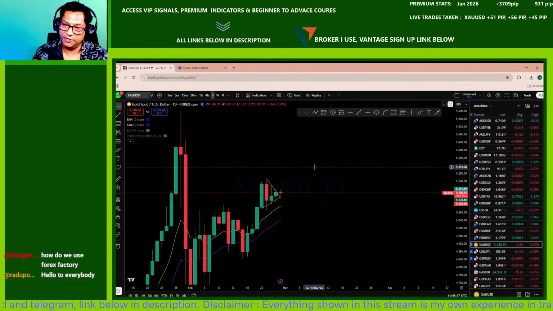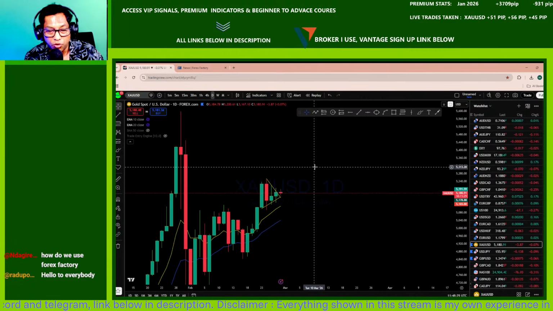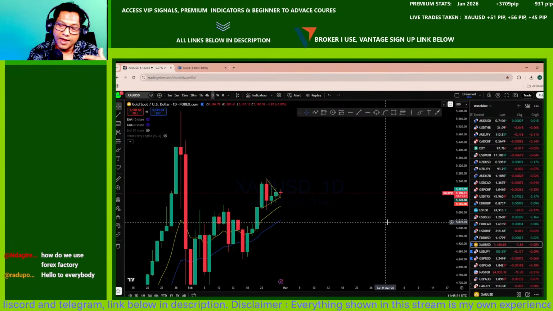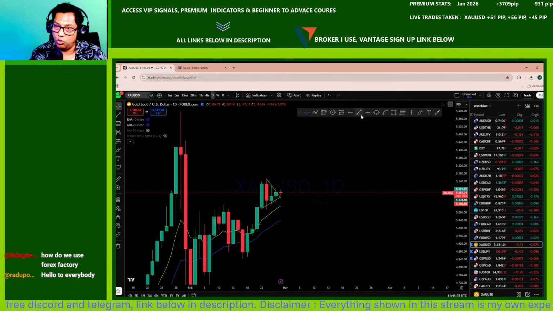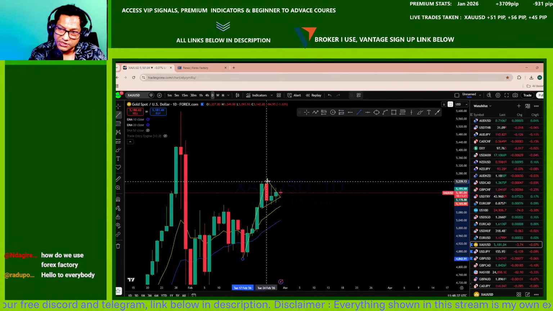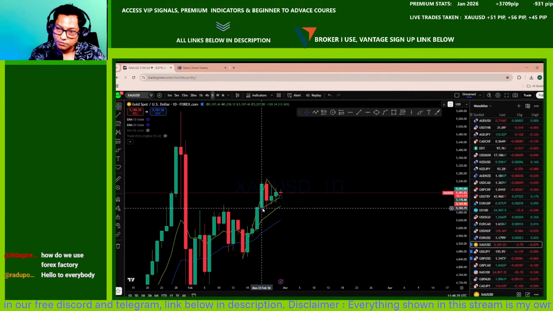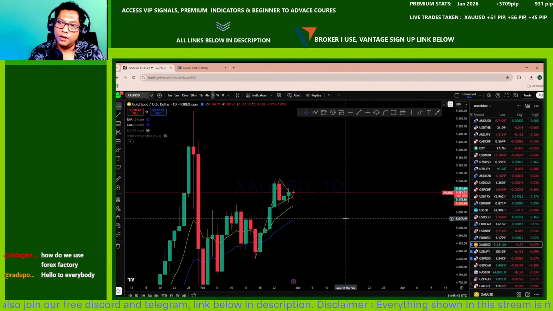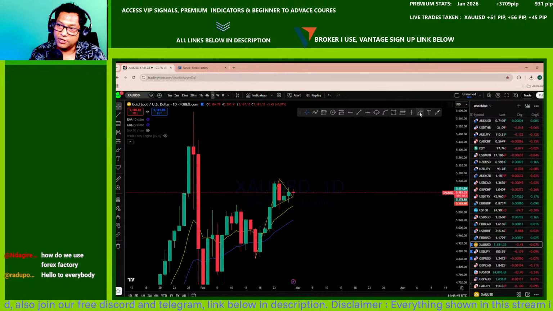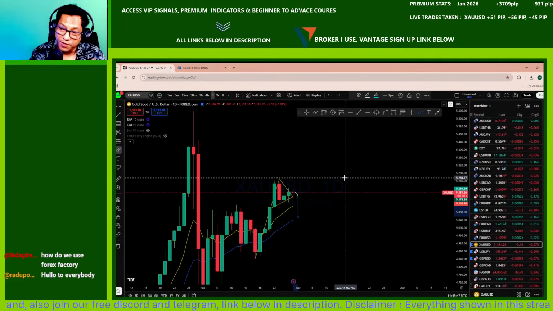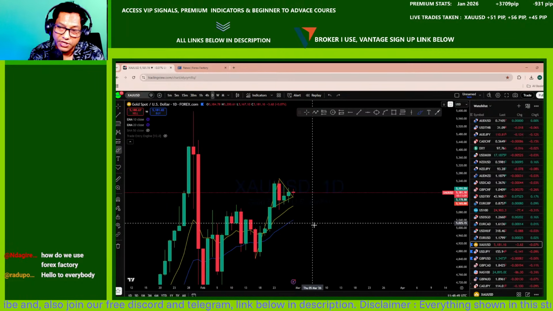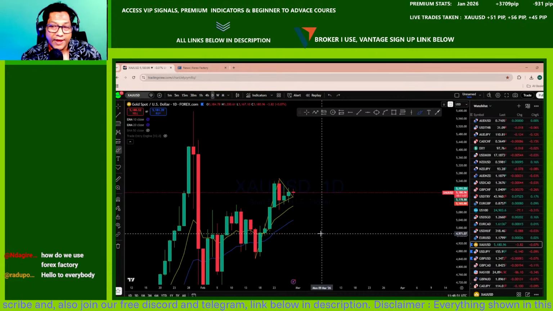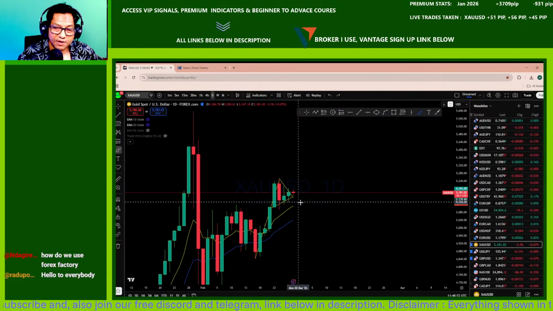With this triangular pattern and this movement on gold from this support level, we could see the market break a little bit lower, which can give a significant amount of volatility.